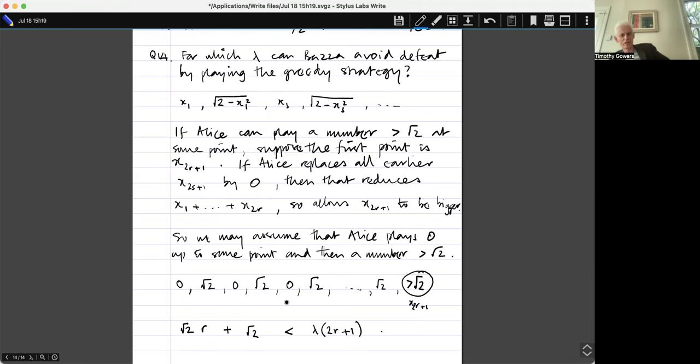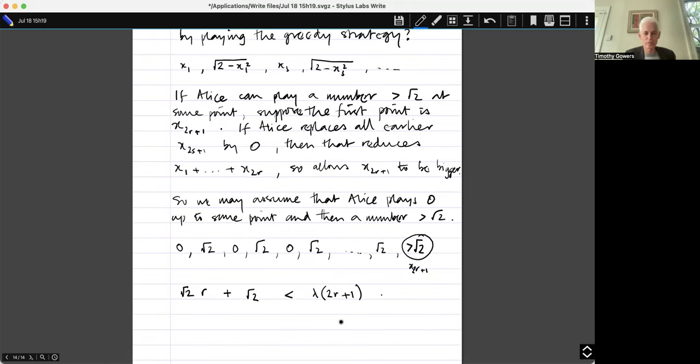Check that I got that right. So r root 2 plus x2r plus 1 has to be less than or equal to lambda times 2r plus 1. And so if I am to be able to choose x2r plus 1 to be strictly greater than root 2, that tells us that r root 2 plus root 2 is strictly less than lambda times 2r plus 1. So then that will enable me to increase this root 2 up to some x2r plus 1 and get something that's greater than or equal.